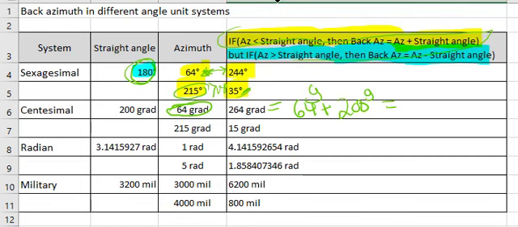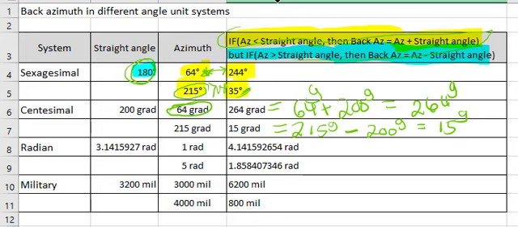Here we have 215 grads for the azimuth, and because it's more than 200, we subtract 200 grads, and this will become 15 grads.